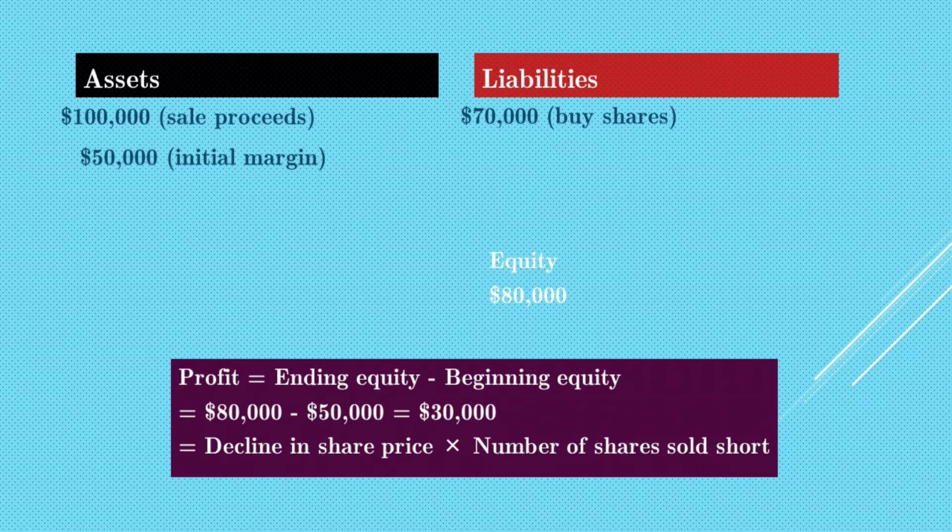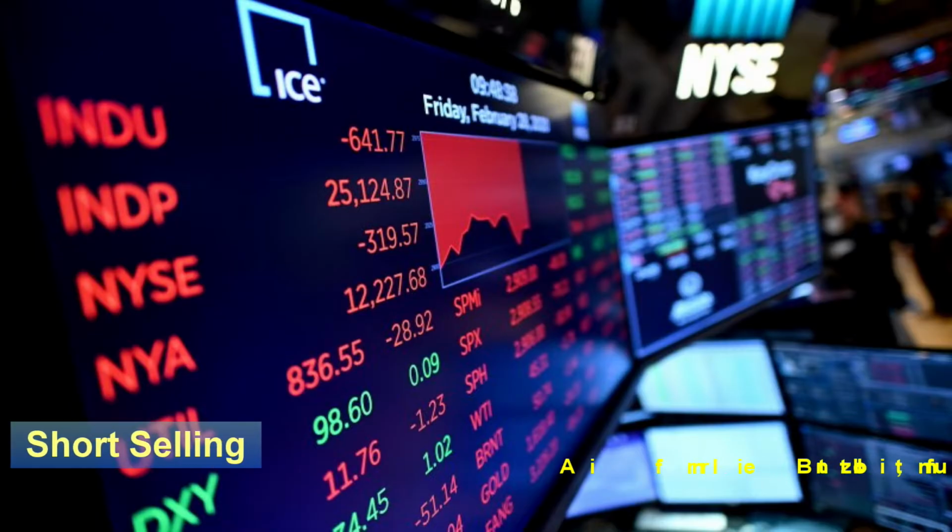And you will notice that this is the same amount by which the share price has fallen. Our position was for 1,000 shares and the share price has fallen by $30. So our profit from the short sale is the fall in share price times the number of shares that we have taken a short position in.